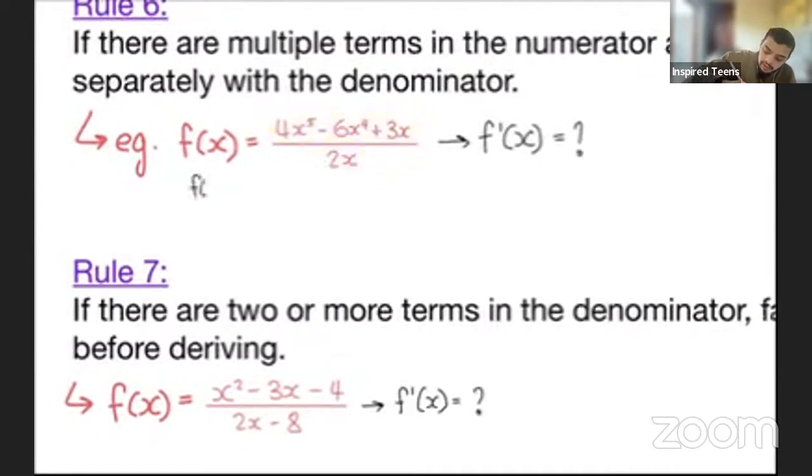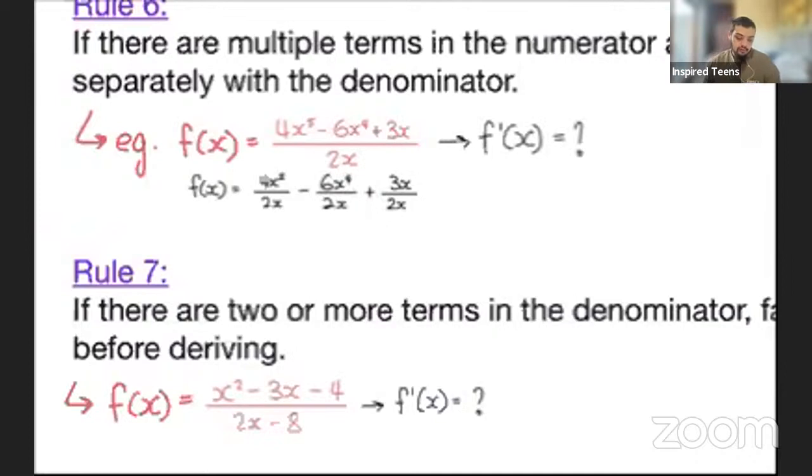So here, we just write f of x is equal to 4x to the power of 5 divided by 2x, keep the sign the same, minus 6x to the power of 4 divided by 2x plus 3x over 2x. We just write them separately with the denominator.